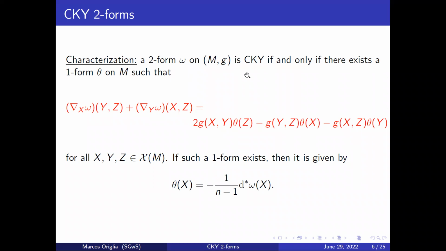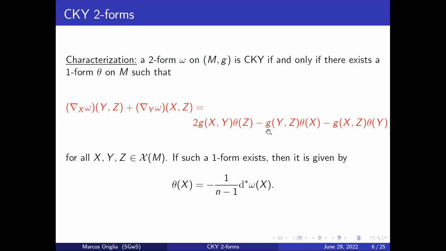So omega is a conformal Killing two form if and only if there exists a related one form denoted by theta on our manifold, such that this equation in red holds, right? So the left side is similar to the left side of the original equation, and then you can play around with this and show that this is the other side.